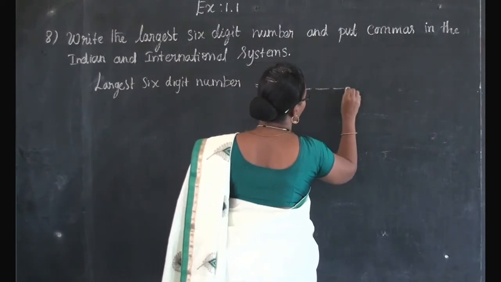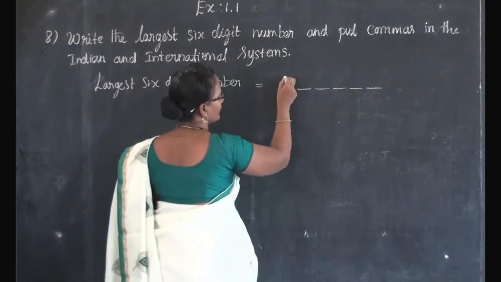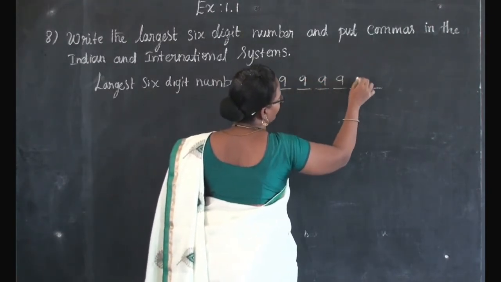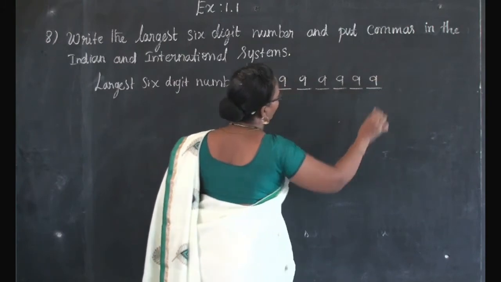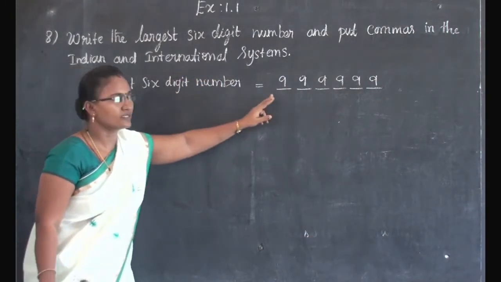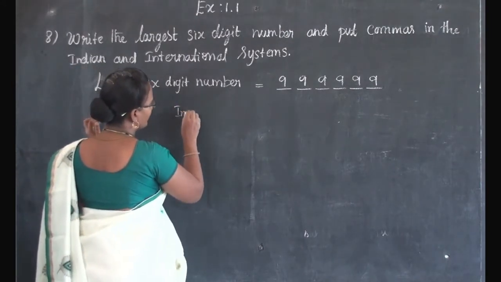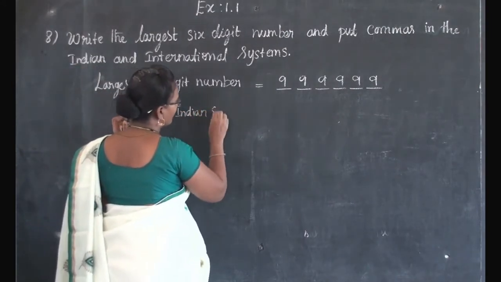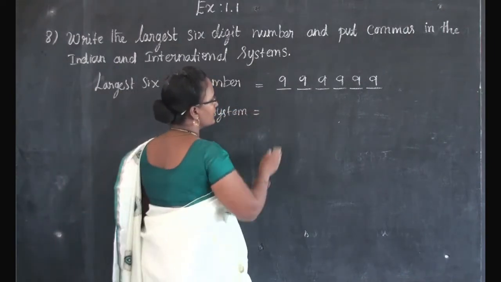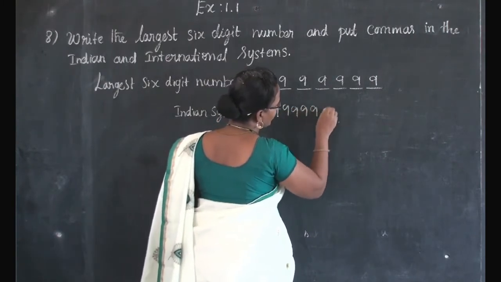What will come? 9,99,999. That is the largest 6-digit number. In the Indian system, how will you put commas here? 6 digits.